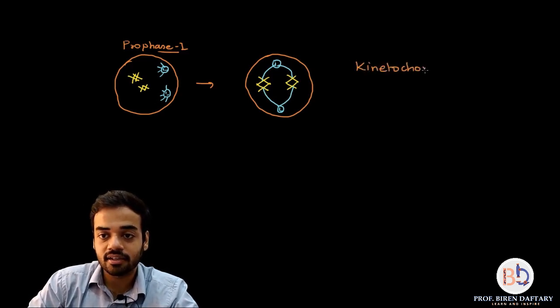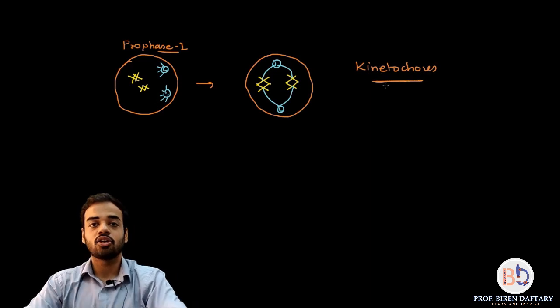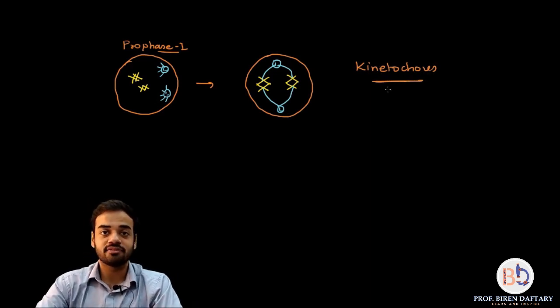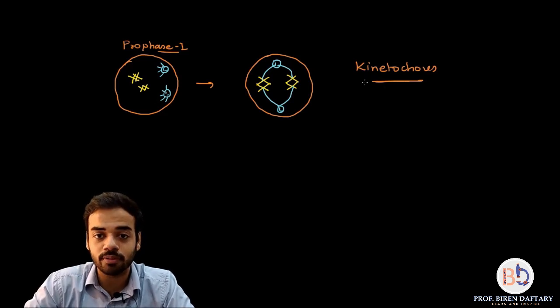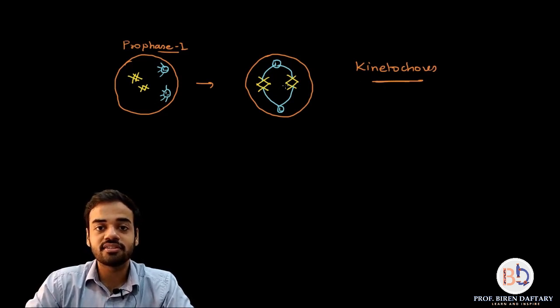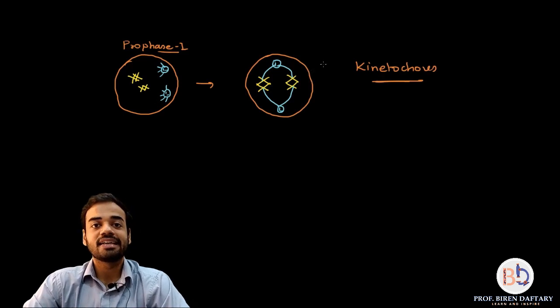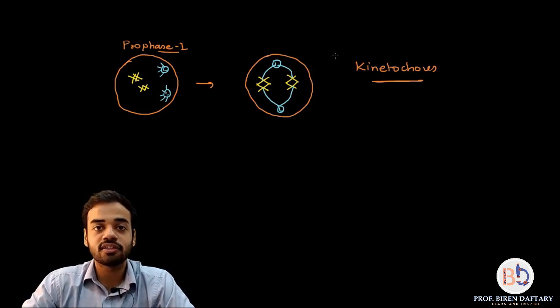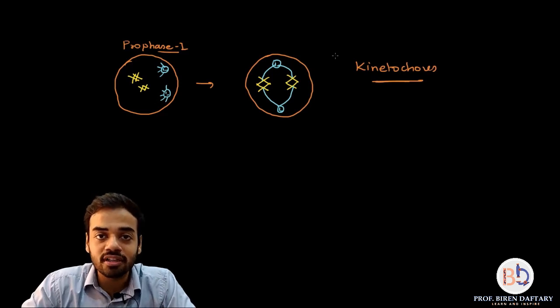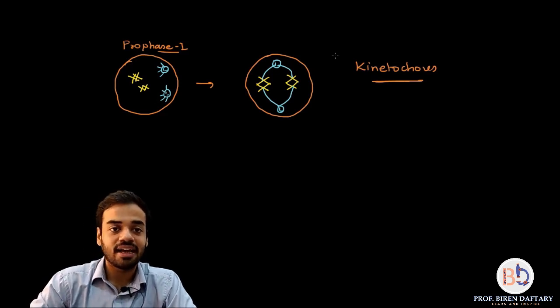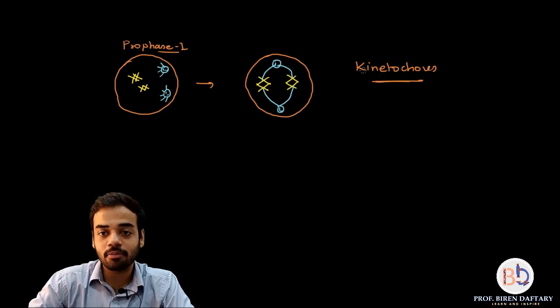Kinetochores act like a glue or an adhesive, and they help in attachment of spindle fibers or microtubules to the centromere. Is this clear? So this is how the arrangement is in prophase 1 and metaphase 1 of meiosis 1. Now the rest of the steps are the same as the ones that we studied in mitosis.